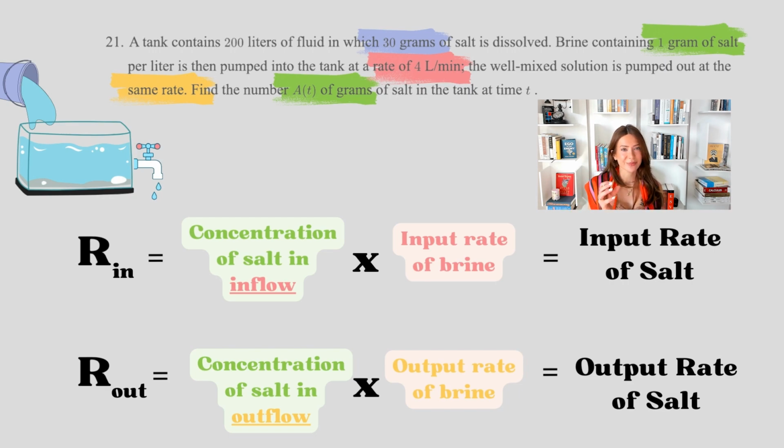In rate in, the concentration of salt refers to the concentration in the inflow, the bucket coming in. And in rate out, it's the concentration of salt in the outflow, right? That makes sense, and they're multiplied by their respective rates. You would never put the output rate of brine in the rate in equation, hopefully.